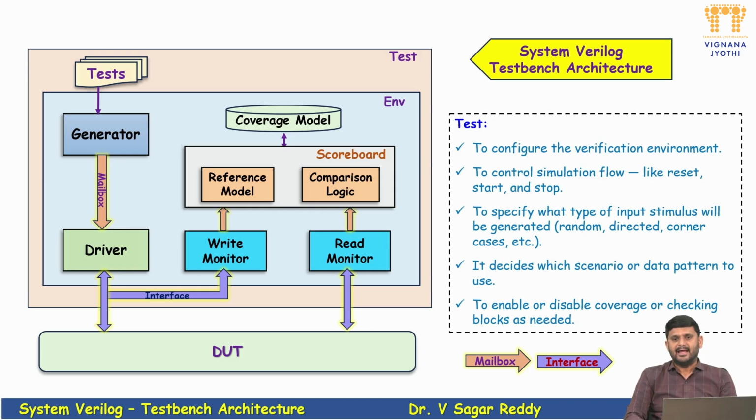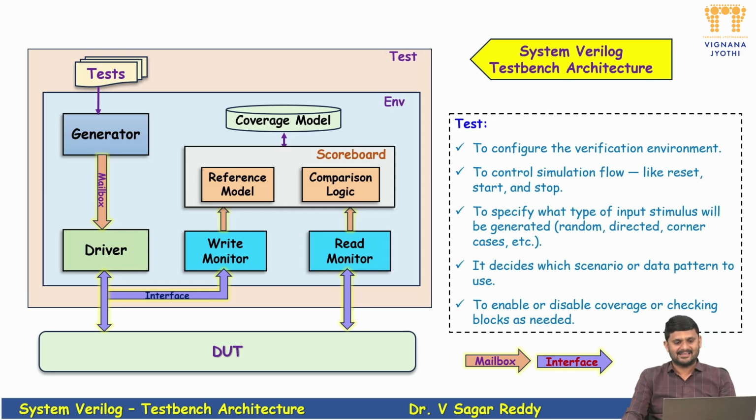The fourth one, it decides which scenario or data pattern to use, so a normal write test or back-to-back retest or error injection test. Each is a separate test file. And the fifth one, it enables or disables coverage or checking blocks as needed, giving you fine-grained control over what gets verified in each run.